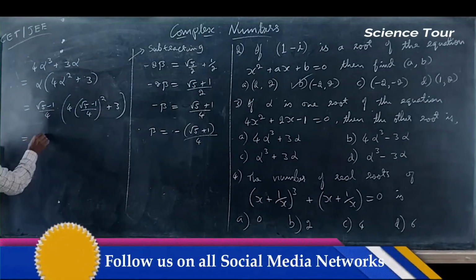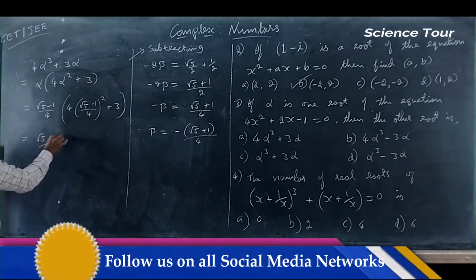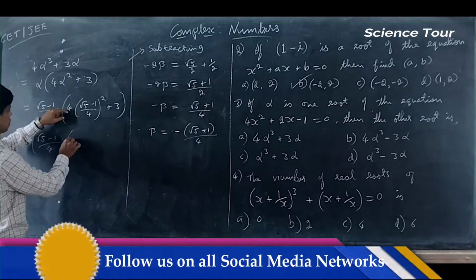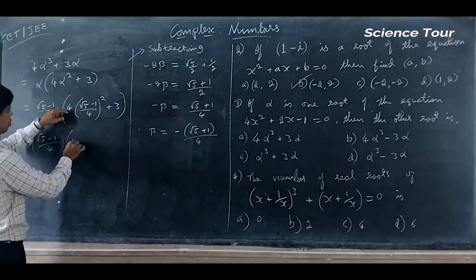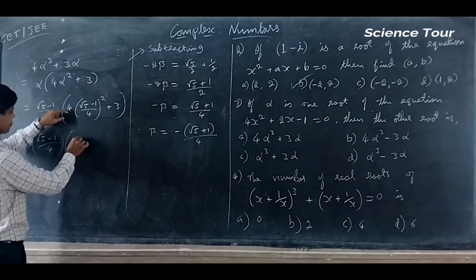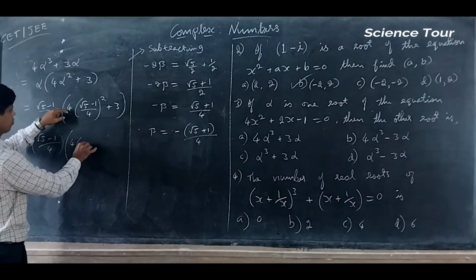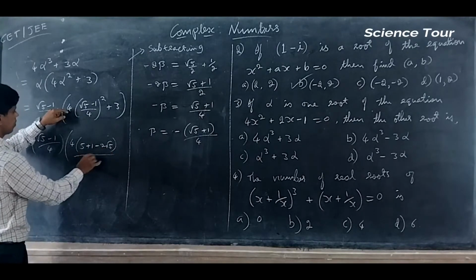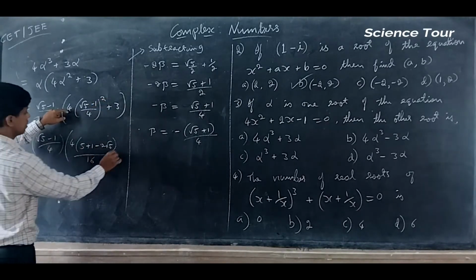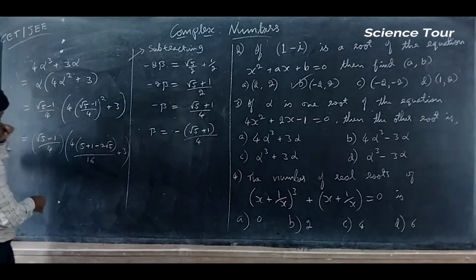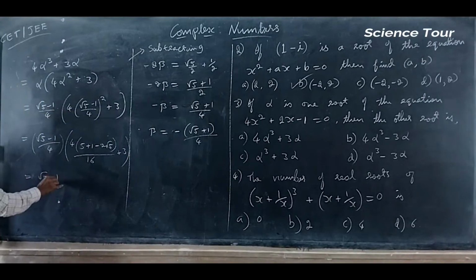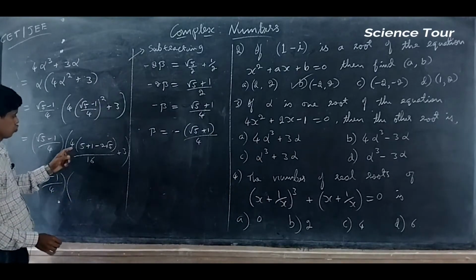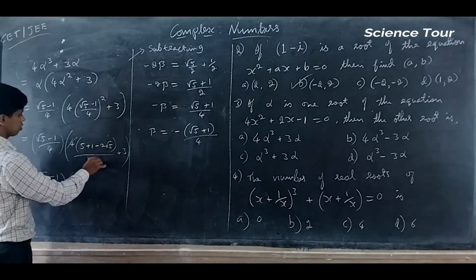So this is root 5 minus 1 divided by 4 into, here what happens is, this is 4 and here 5 plus 1 minus 2 root 5 divided by 4 square, 16, and then plus 3, right. So this is root 5 minus 1 into that is 4.